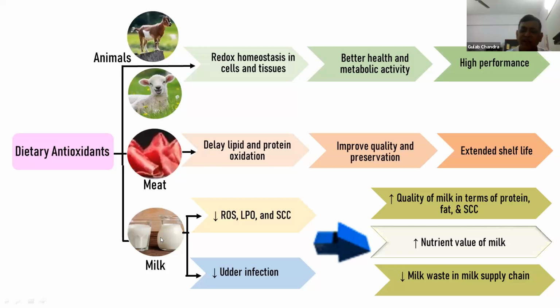And not only meat, the goat that is fed antioxidants also gives milk with reduced production of free radicals and reduced infections. All these factors are responsible for the quality of the milk in terms of protein, fat, and somatic cell count, and increase the nutritive value of the milk, because protein damage by free radicals is low with antioxidants, and somatic cell count increases in milk that has a low antioxidant level.